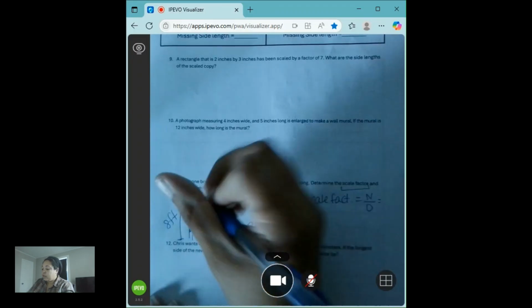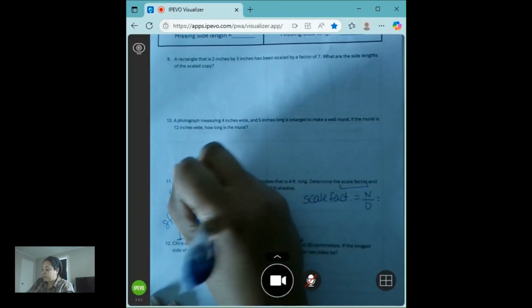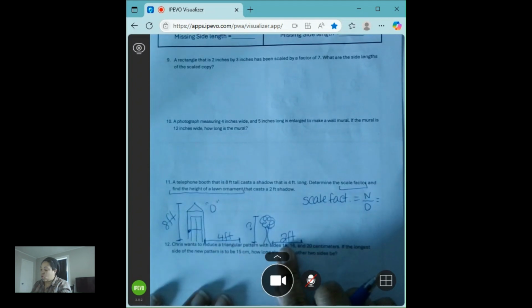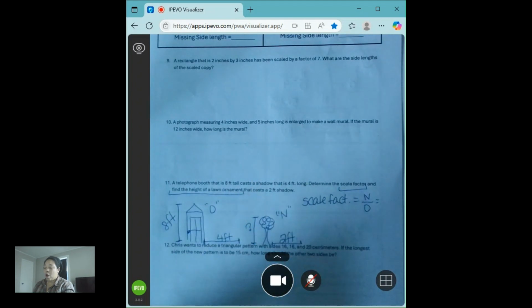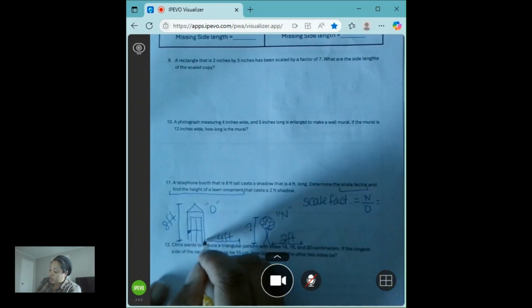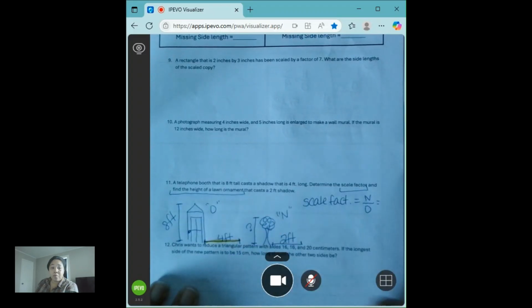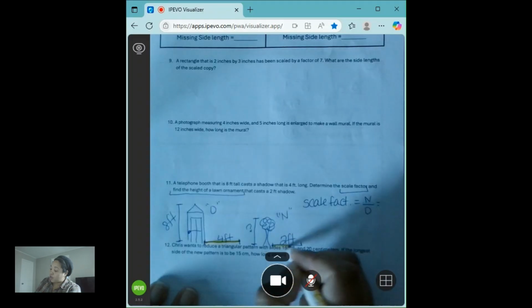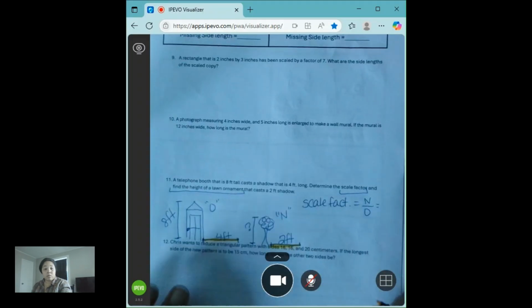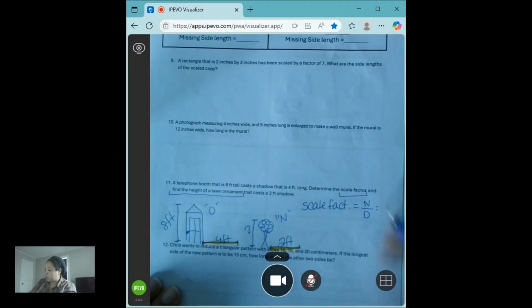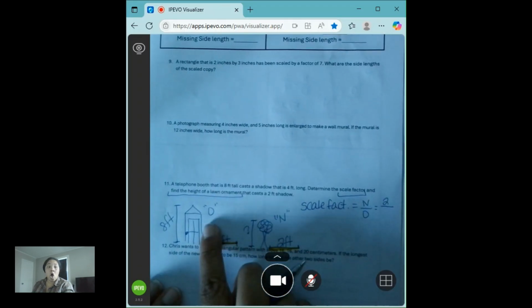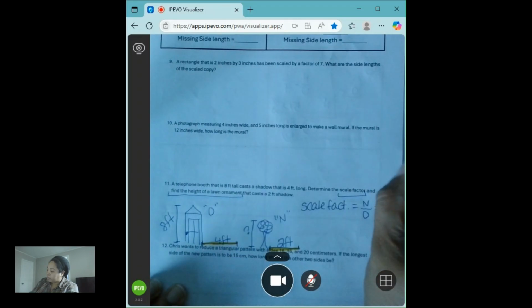So this represents O, meaning your tree or your ornament is going to be your new. So to help you out, I know the shadow for the telephone booth. I also know the shadow of the ornament. So 2 represents the new. So it's going to be 2. 4 represents the O.